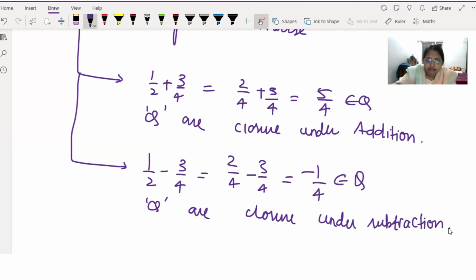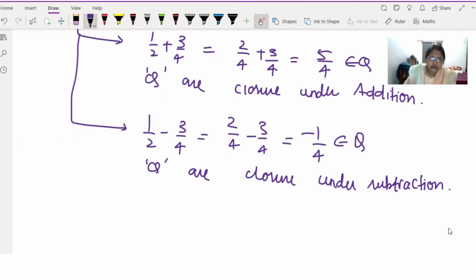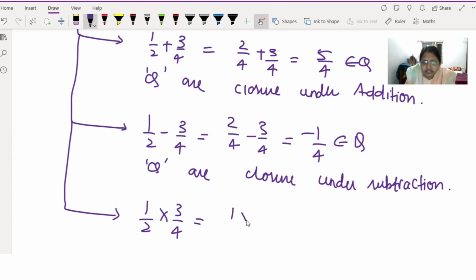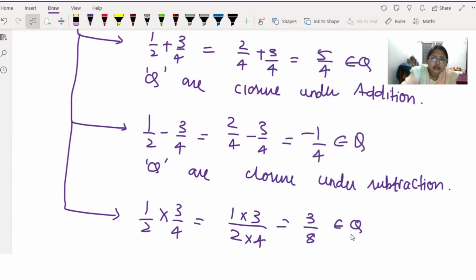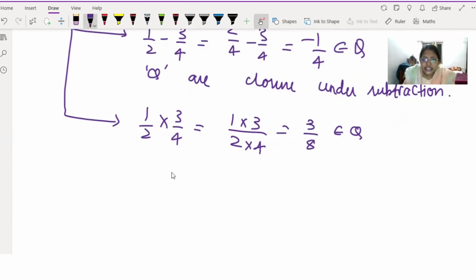Let us check for multiplication. If two rational numbers are multiplied, it is product of numerators by product of denominators. So this is a rational number. Therefore, rational numbers are closed under multiplication.